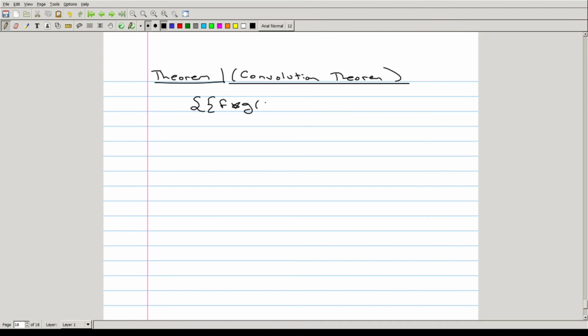And it's surprisingly straightforward. For two functions whose Laplace transforms exist, the Laplace transform of the convolution of those two functions is equal to the algebraic product of the Laplace transform of f times the Laplace transform of g.